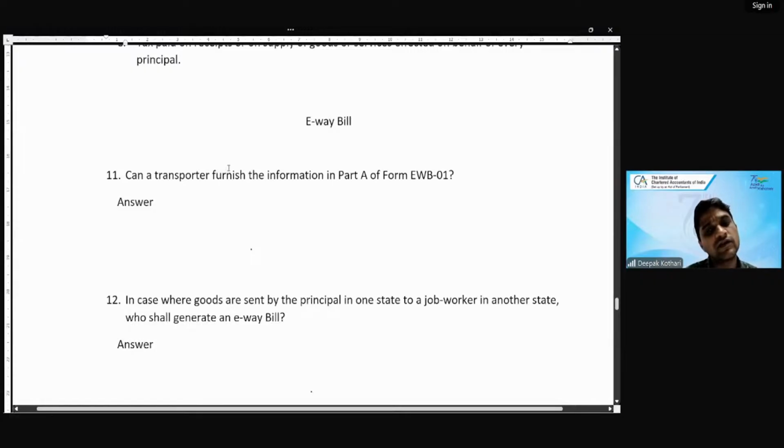Can a transporter furnish the information in Part A of Form EWB-1?